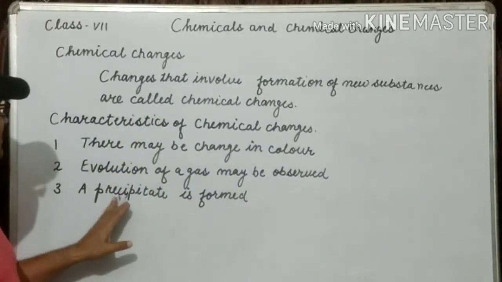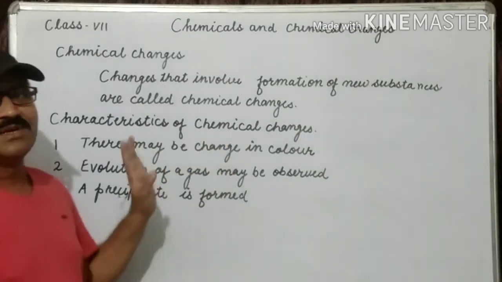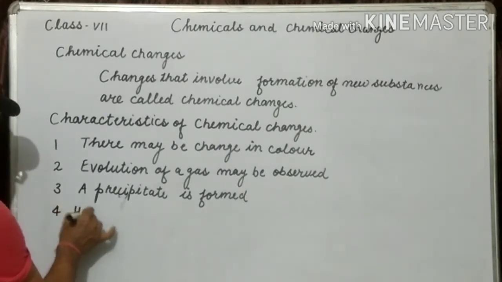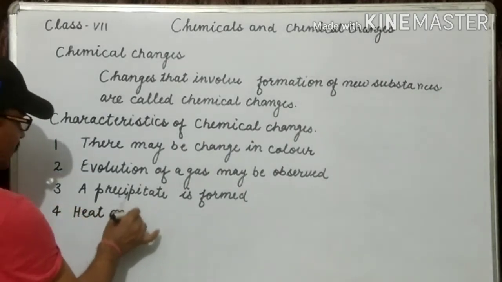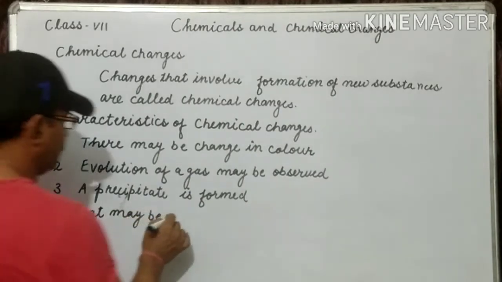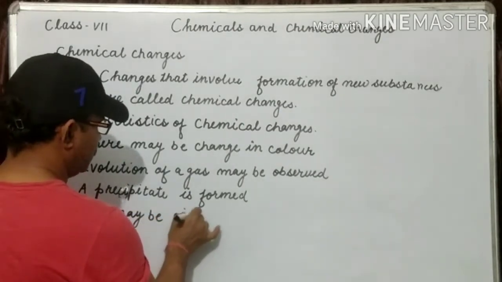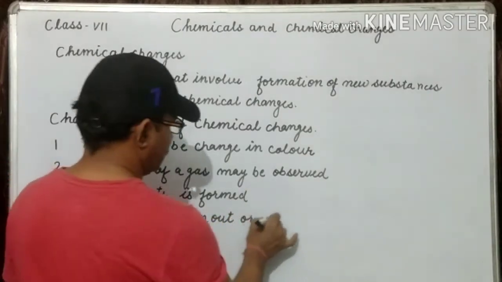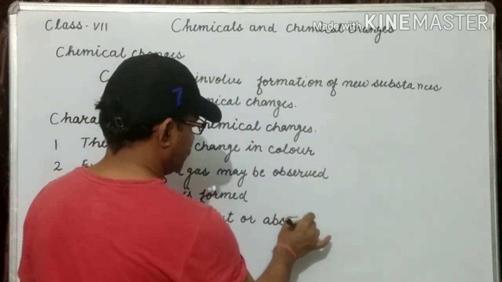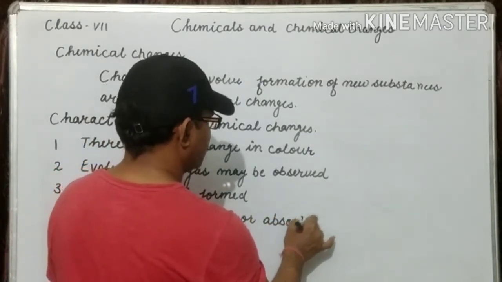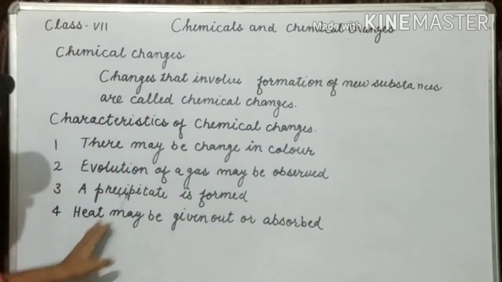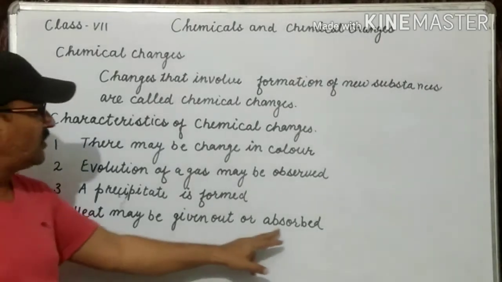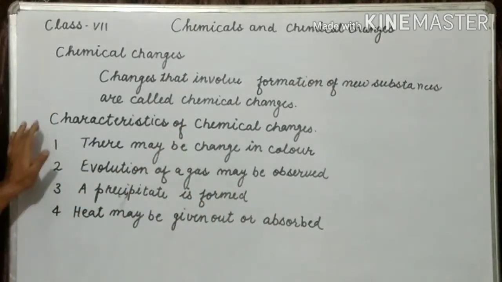So a solid substance is formed during the chemical change. Next is heat may be given out or absorbed. Here in chemical changes, heat may be given out or absorbed. So these are the characteristics of chemical changes.